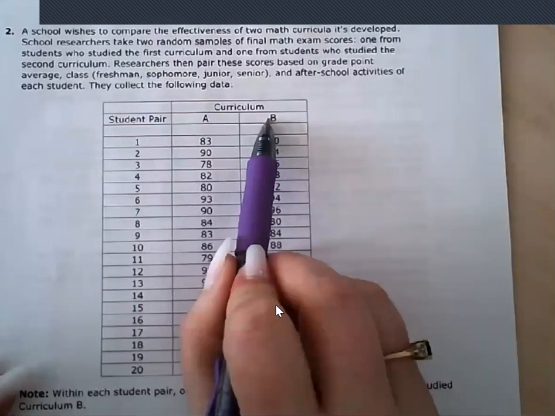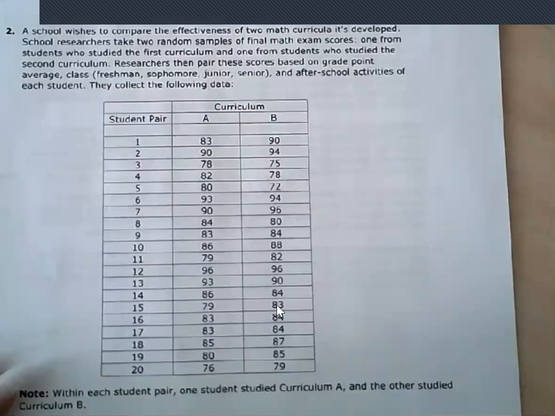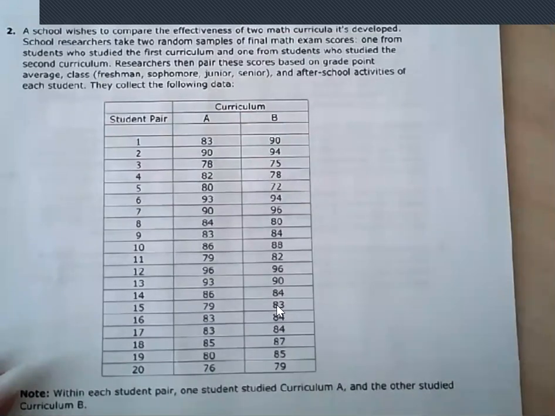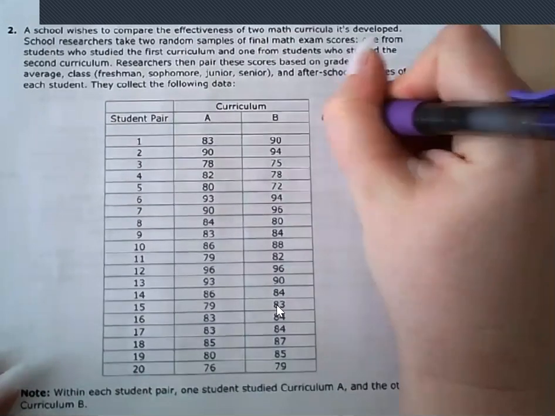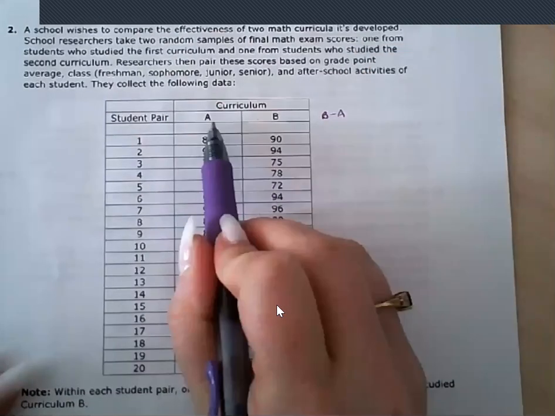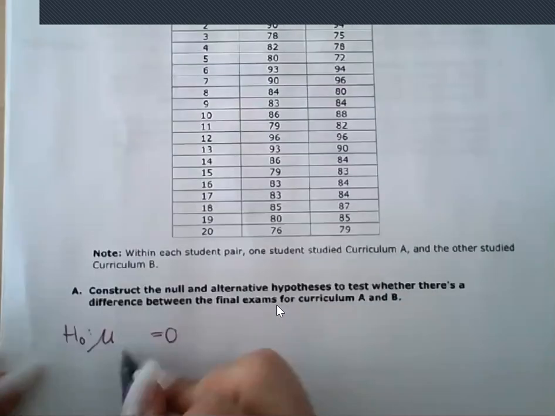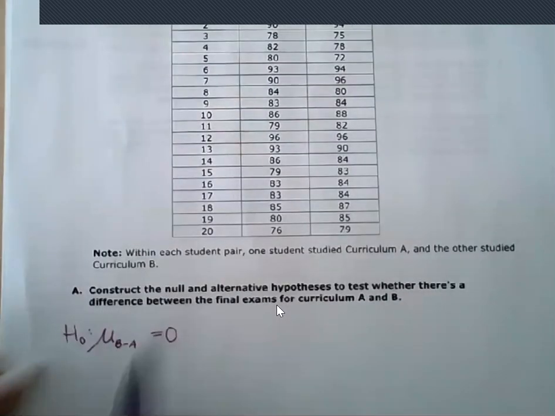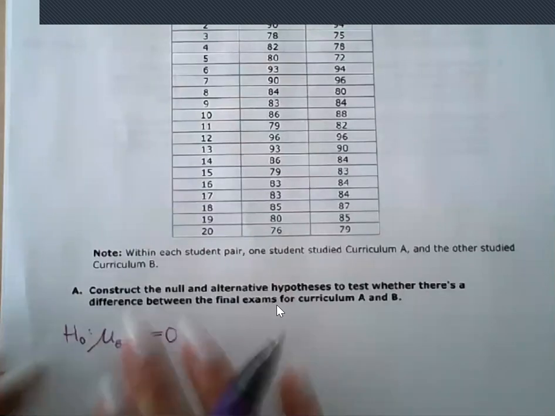So let's go ahead and let the difference be, and actually on the next page, you'll see we're going to calculate B minus A. So I'm not going to do A minus B. I'm going to do B minus A because that's what they have for me on the next page anyways. We could also do A minus B. That's not really the point here.